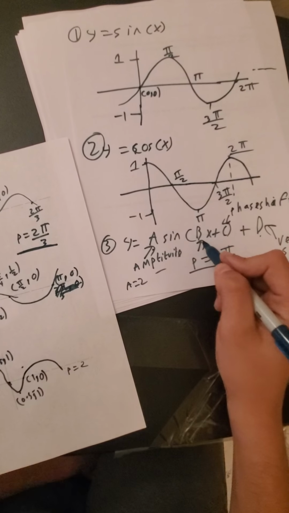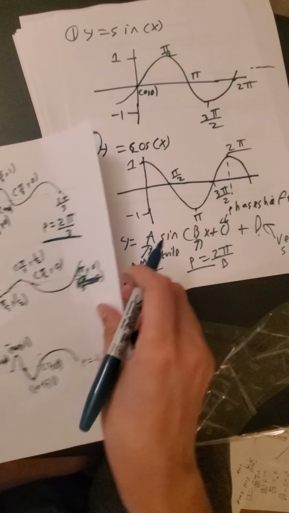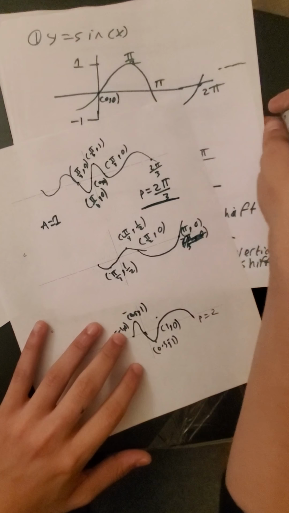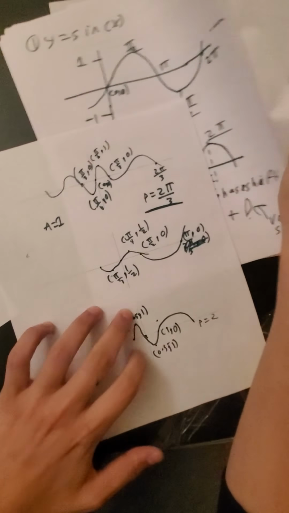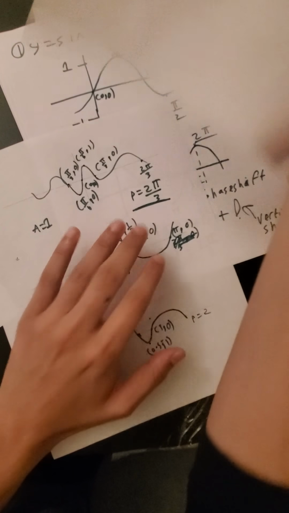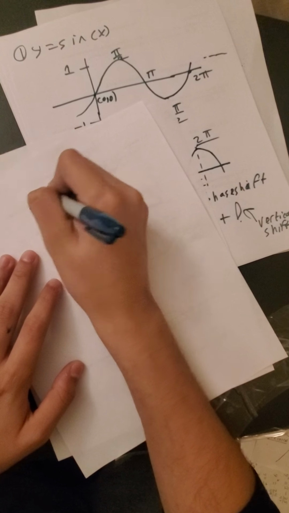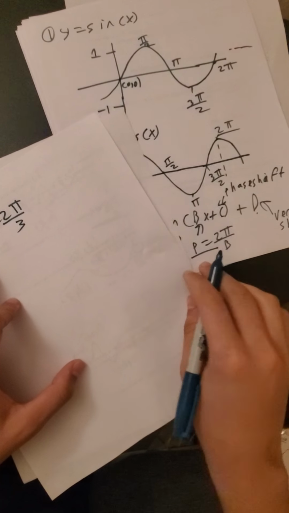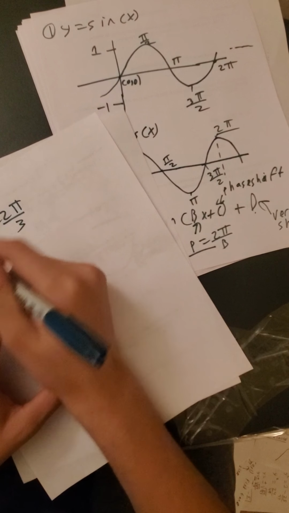So how do we find the value b that makes us have the period of 2 pi over 3? Okay, to do that, we know that p equals 2 pi over 3. And we know that to find p, we use the formula 2 pi over b.